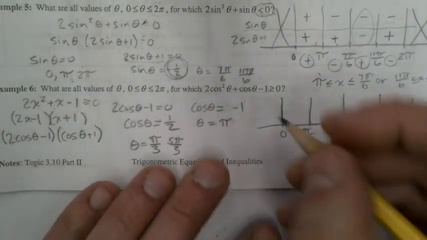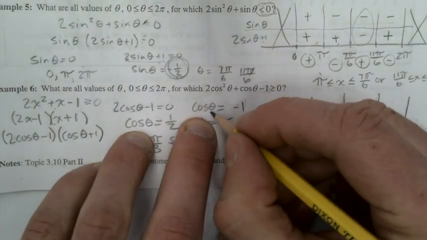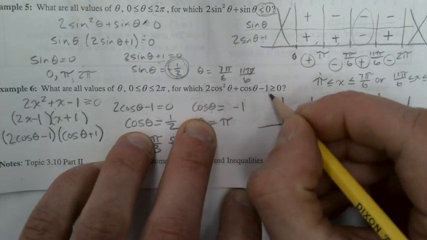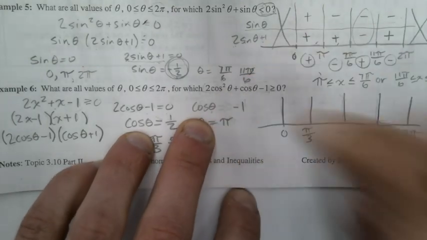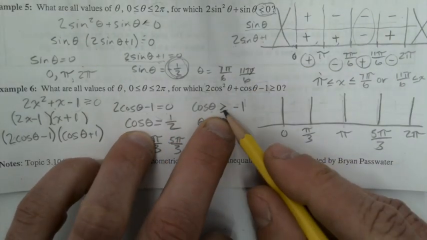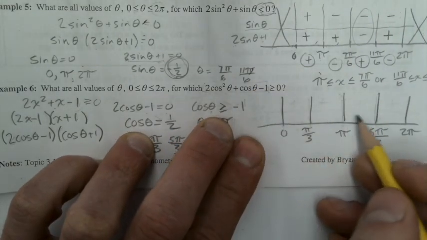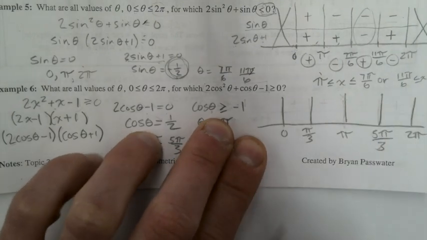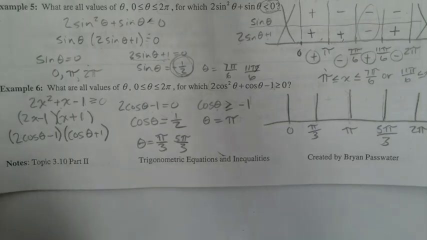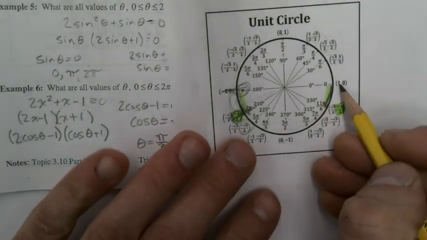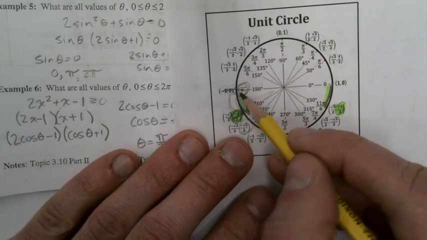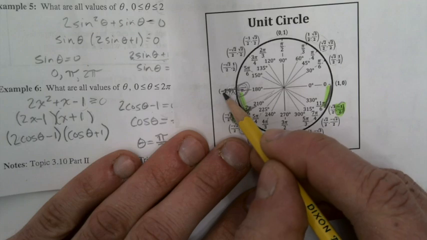Now, to make sense of this, whatever the value is that I plug in here has to be greater than or equal to -1. So, if that's true, then the sine chart will read positive. So cosine of theta is greater than -1. Well, literally, every cosine is greater than -1 until you get to pi, where it's -1.